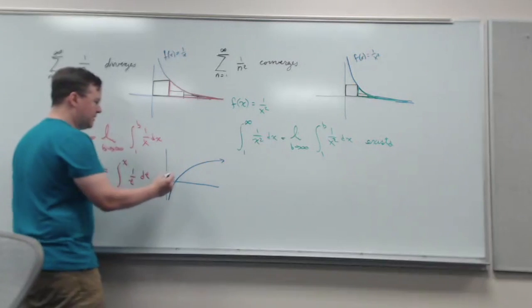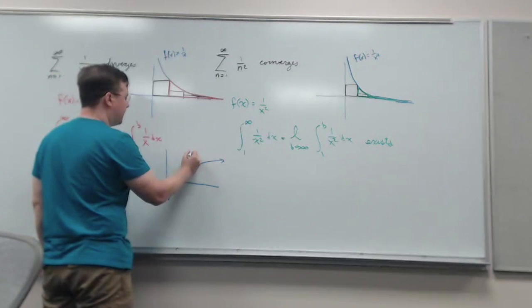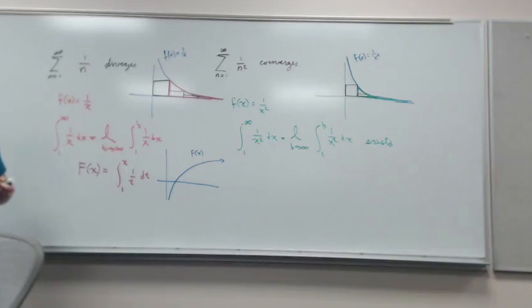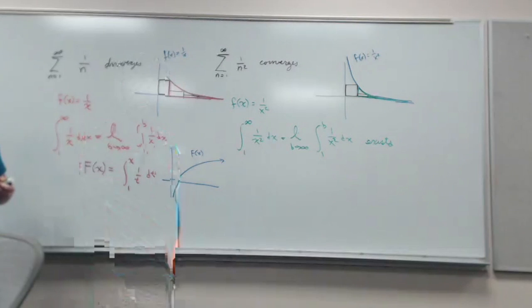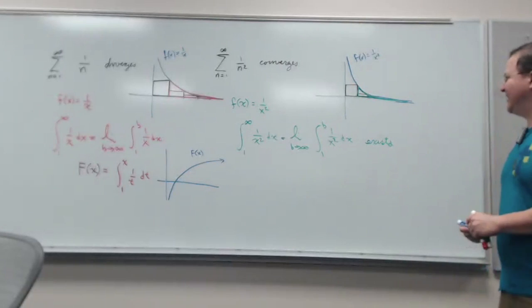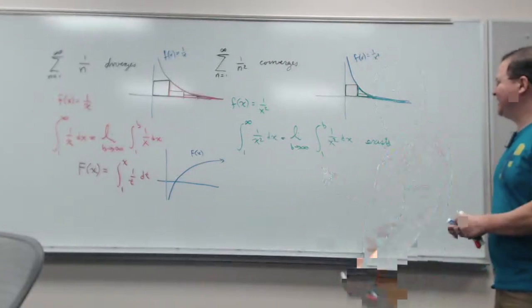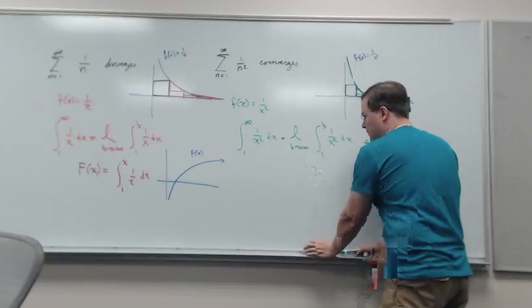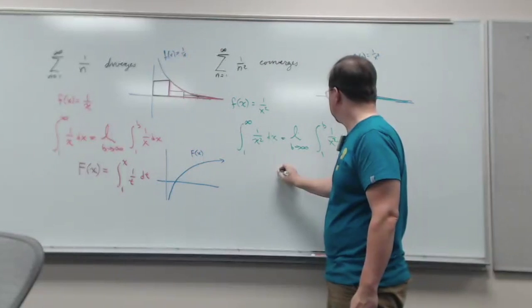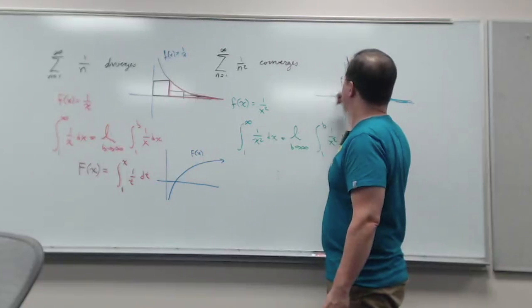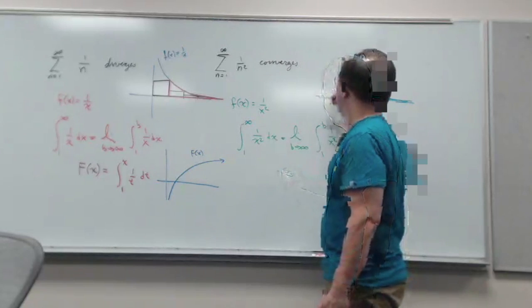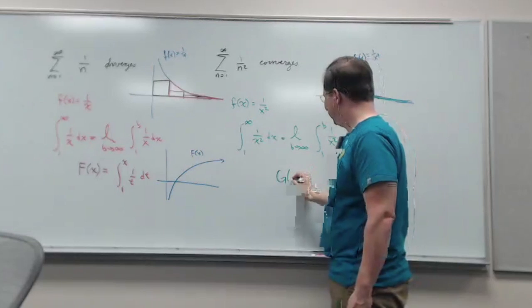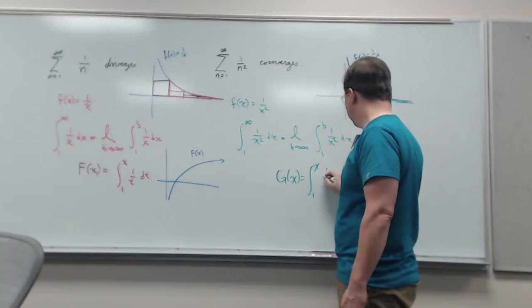Over here, I can define a new function, big G of x, which is going to be the integral from 1 to x of 1 over t squared dt.